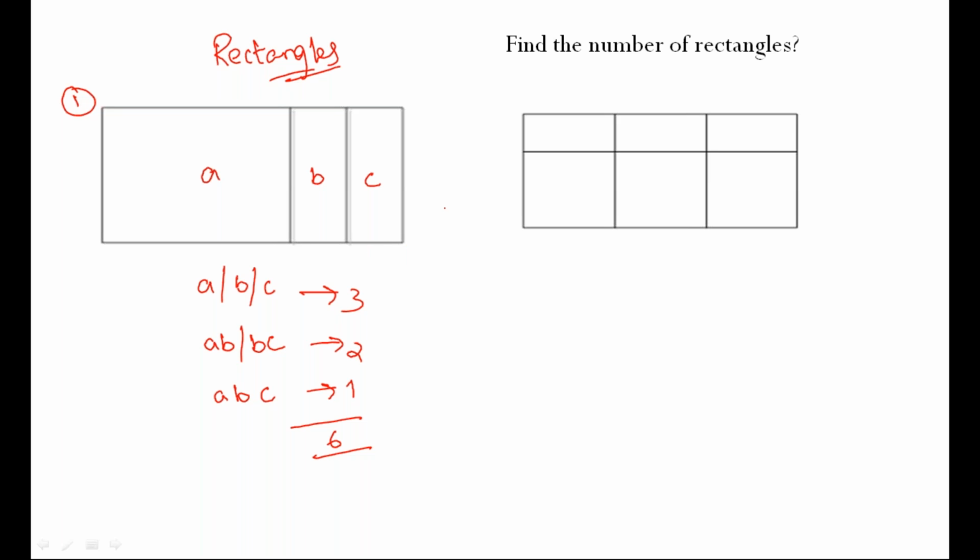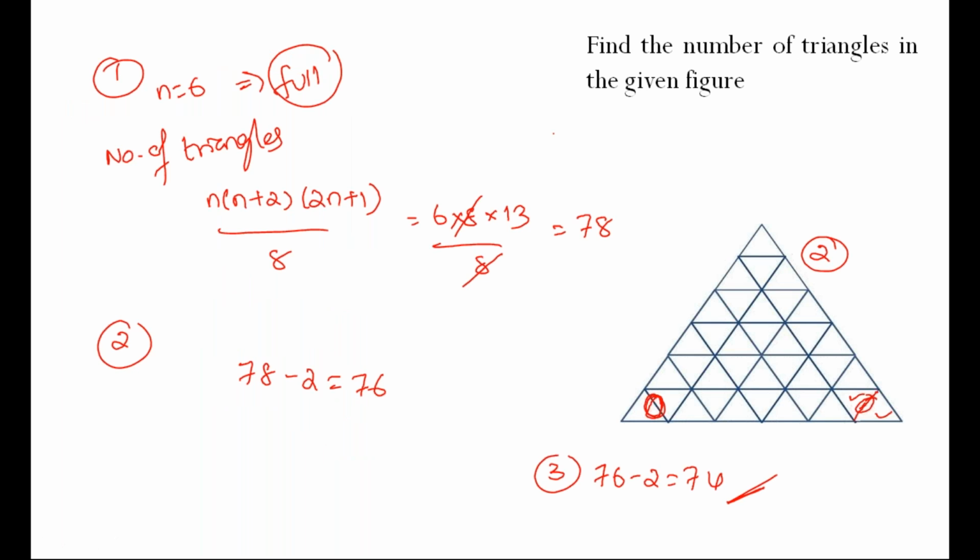Okay, so A alone is one rectangle, B alone is one rectangle, C alone is one rectangle. A and B combination. Okay, previous slide. Okay, fine. You just take the screenshot fast.